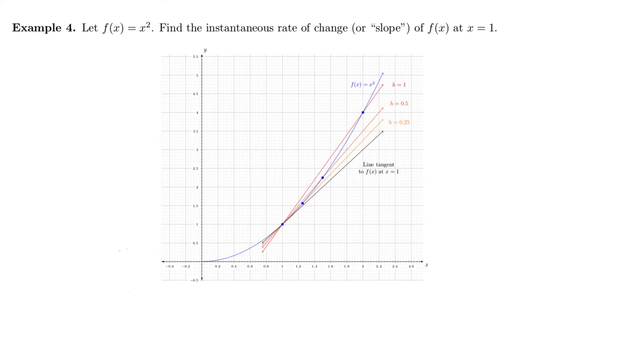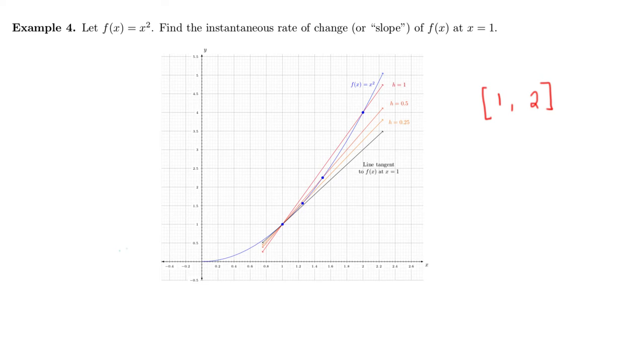Here's a picture of the situation we have going on. In blue is the function x squared, and I've plotted various secant lines over specific intervals. In red, I have the secant line over the interval 1 to 2.